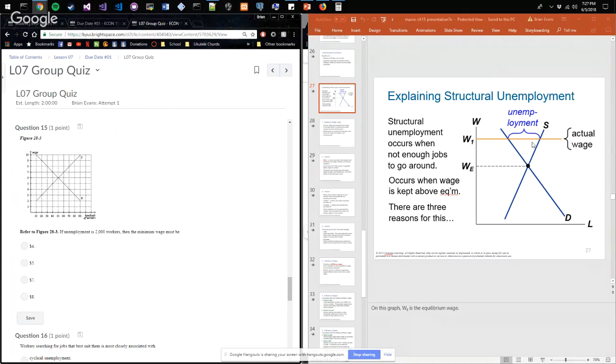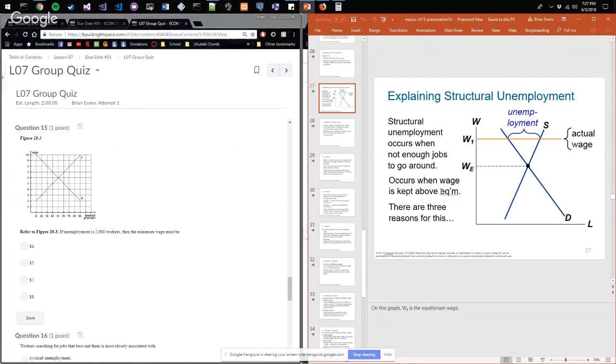So the unemployment is the difference between the S line and the D line. I guess those are still supply and demand. Equilibrium M, or what does that mean? That EQM.